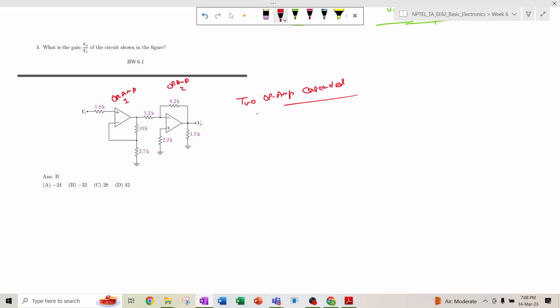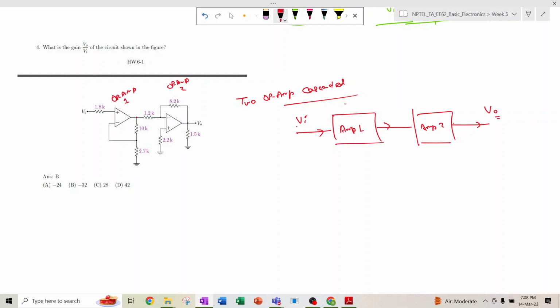Suppose you have some amplifier 1, and some amplifier 2, and you are giving an input Vi and the output is Vo.